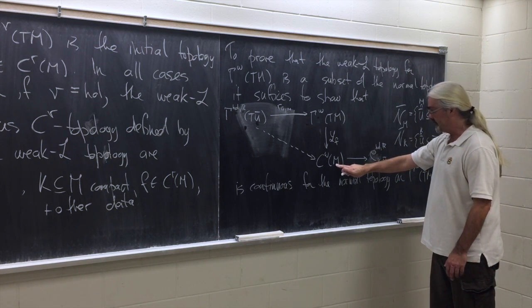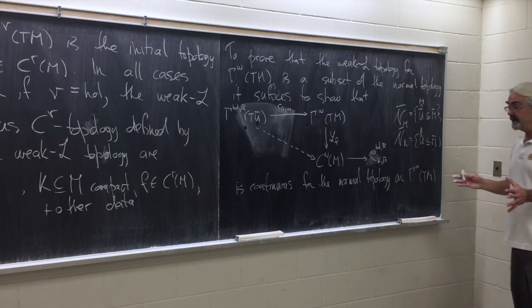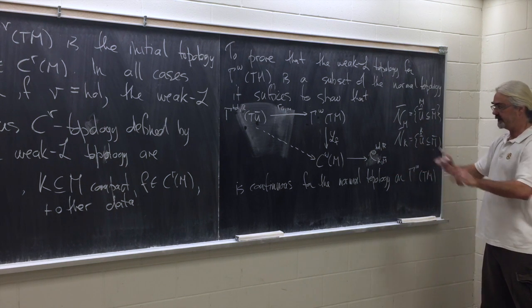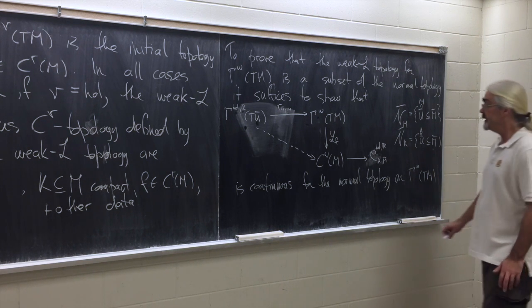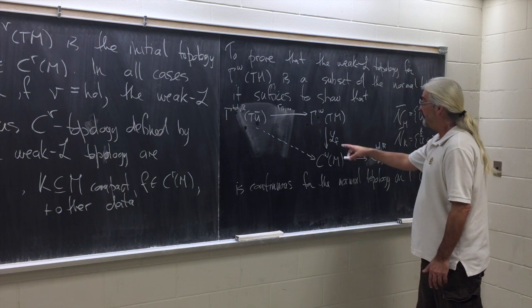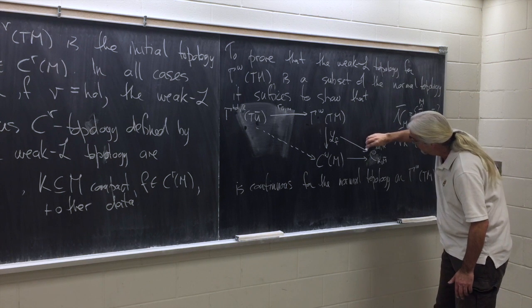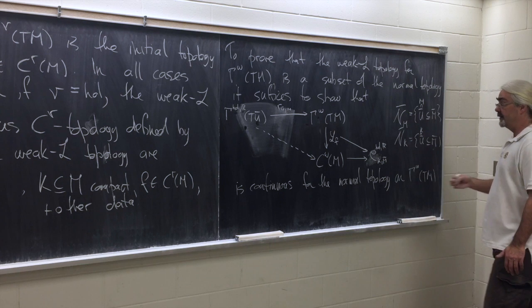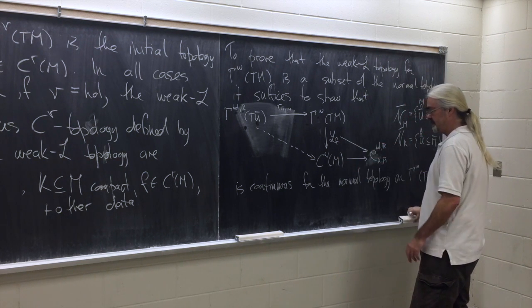The mapping here goes like this. Take a real analytic function. It can be extended in some neighborhood of K to a real analytic function, and take the germ of that real analytic function. That's that mapping. So what you have to show then, if this mapping is going to be continuous, then this mapping has to be continuous, for every f. All right, that's the initial topology description here.